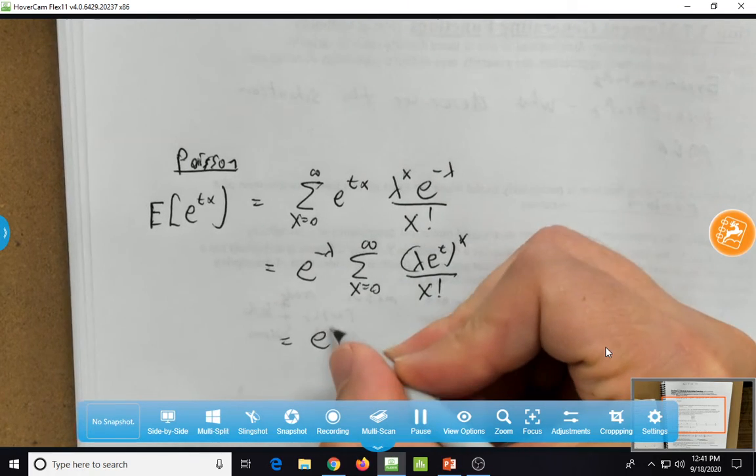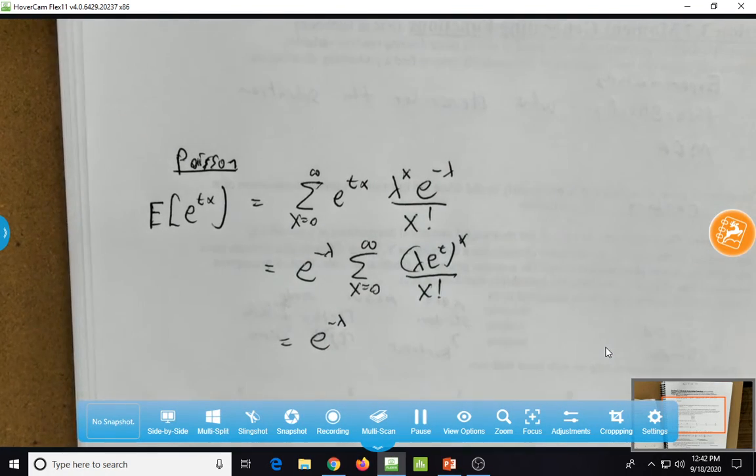But from Taylor series, what is it when you have the summation of z to the x over x factorial? It's e to the something. It's e to whatever is in here, by the Taylor series.